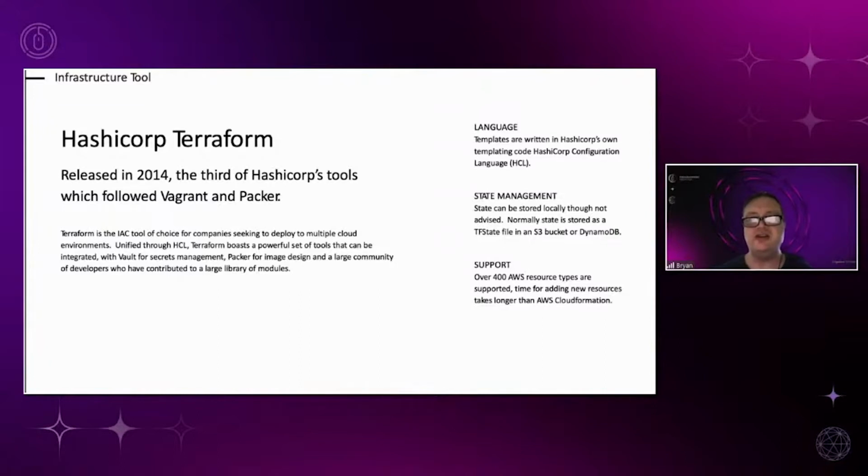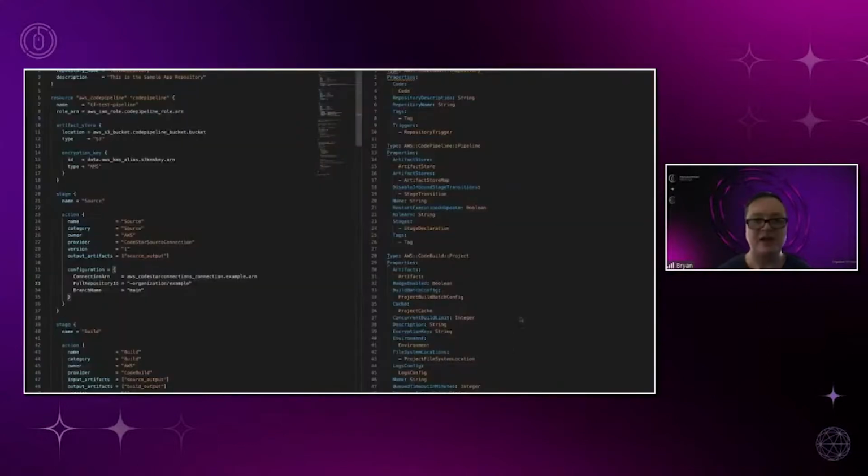Now, there is a certain element to these tools that a lot of people don't think about, and as you can see here, this is how the code for both looks. This is Terraform here, and as you will see, this is a Terraform script creating a CodeCommit repository and a pipeline. And here you see a CodeCommit repository and pipeline being created in CloudFormation.